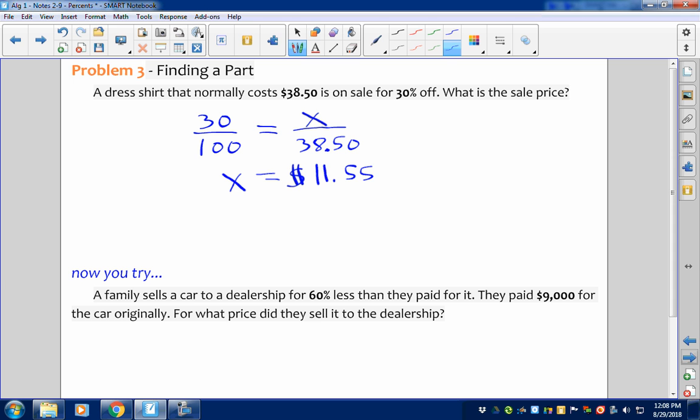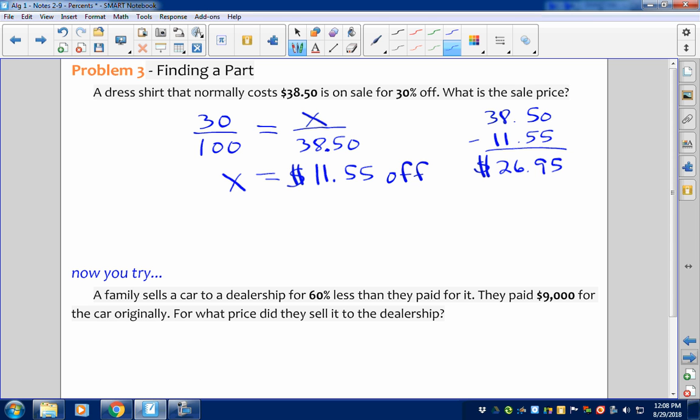That's off. That's not what the new price is. That's what you take off of the original price. So if I take $38.50 and subtract $11.55, I'll get my sale price, which is good, $26.95.